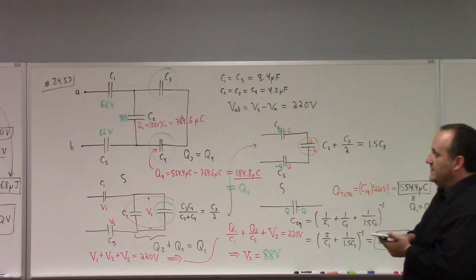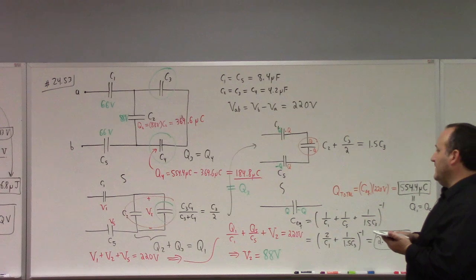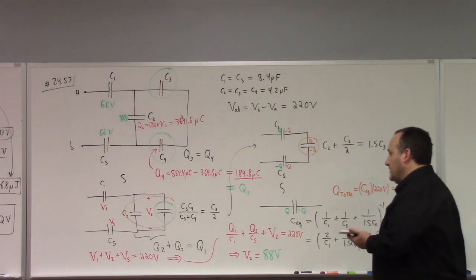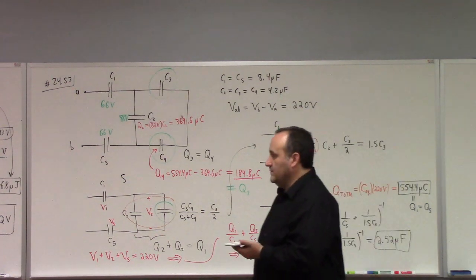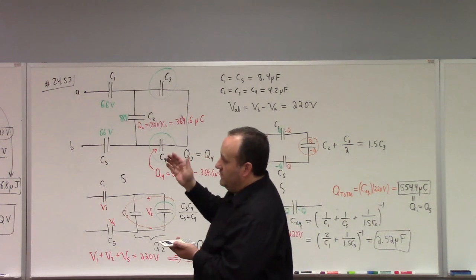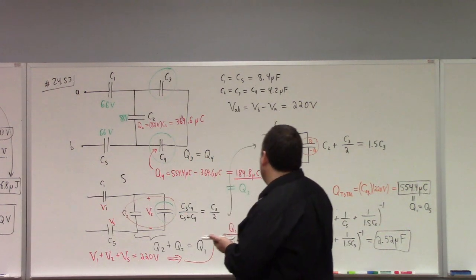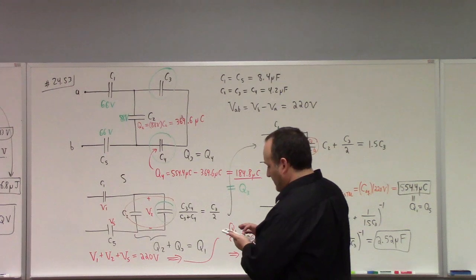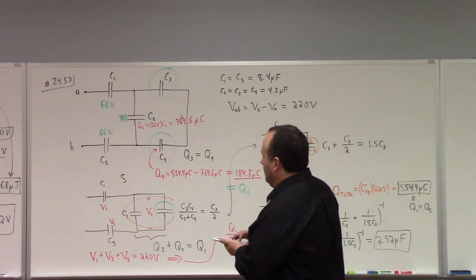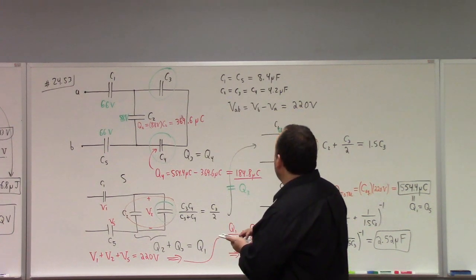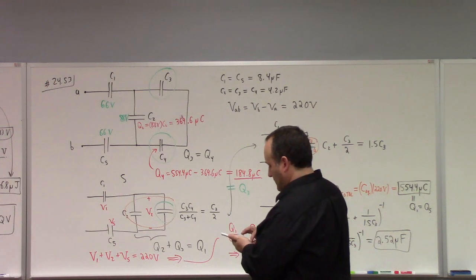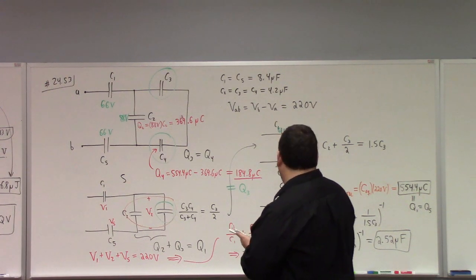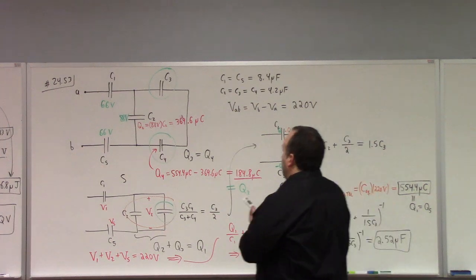The only thing we haven't figured out so far is the voltage on C3 and the voltage on C4. But that's easy to calculate now because we know the charge. Voltage is charge divided by capacitance. So I take my 184.8 and divide by C3, which was 4.2, and I get 44 volts up here.